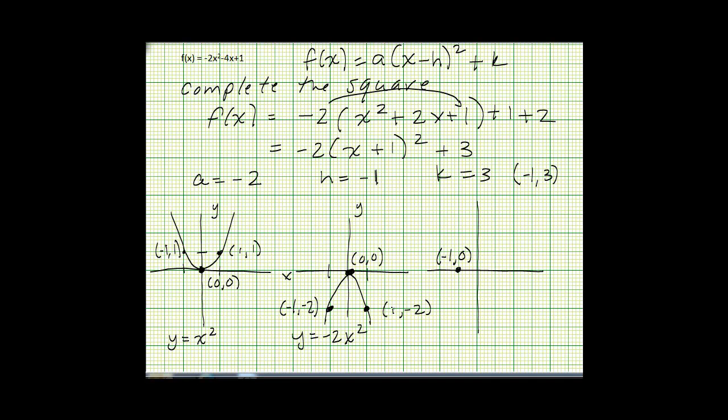And then instead of being at 1, -2, it's going to shift 1 this way, so it's going to be at 0, -2. And this one, instead of being at -1, -2, is going to shift over and be here at -2, -2. I'm going to erase this so that we keep this all in one place. This one again is -1, -2. That's this point.